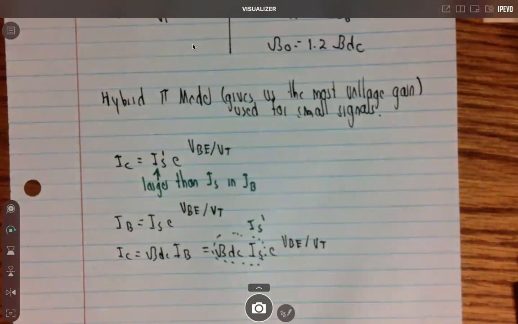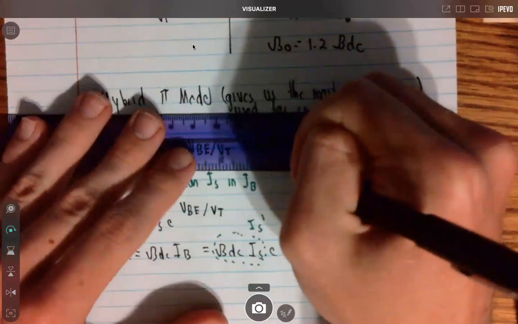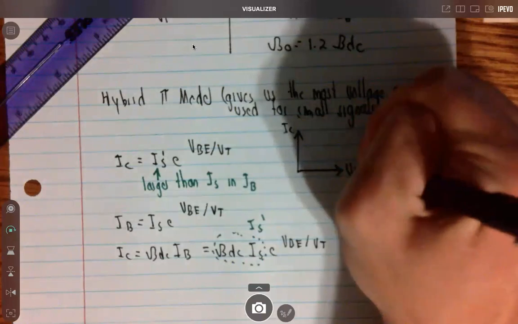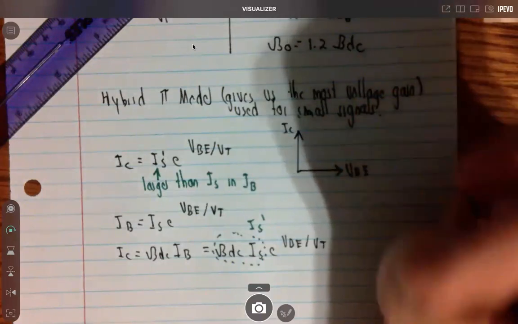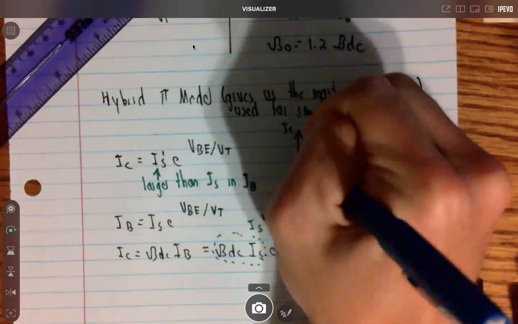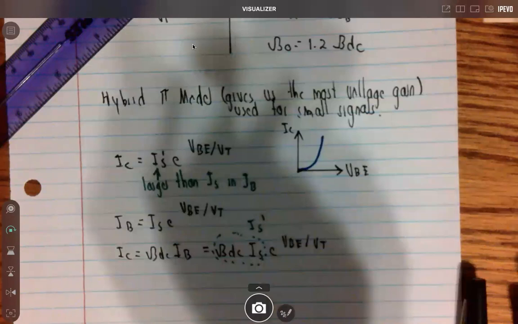what we're going to notice is that with each of these curves, remember they look pretty similar, the IC versus VBE and the IB versus VBE. So here for our first one, the IC versus VBE, it's going to look something like this. For the IB versus VBE, it looks very similar.